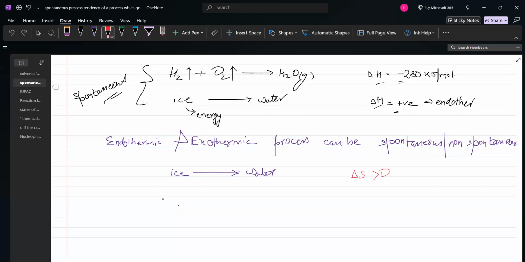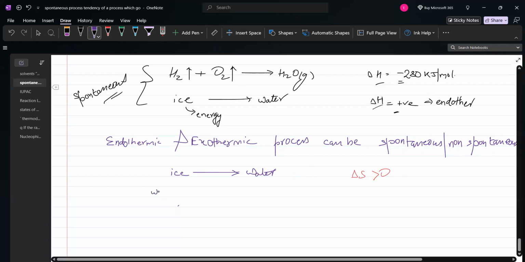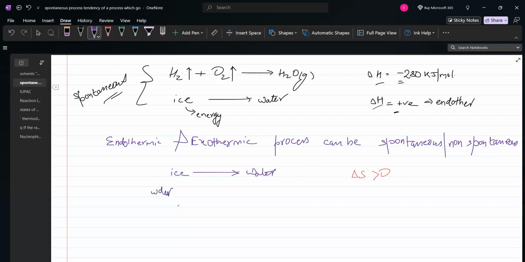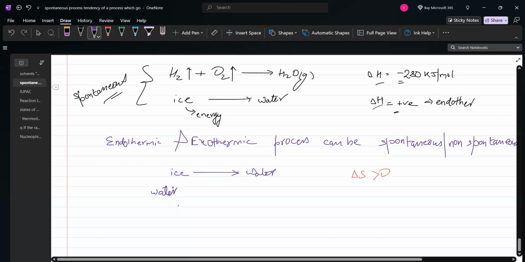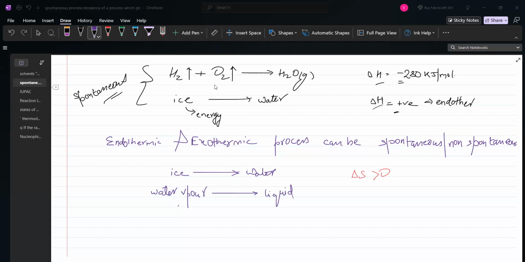Okay. However, let's see another example, when water vapor is converting into liquid water. So can you say, Alina, is delta S positive or negative?